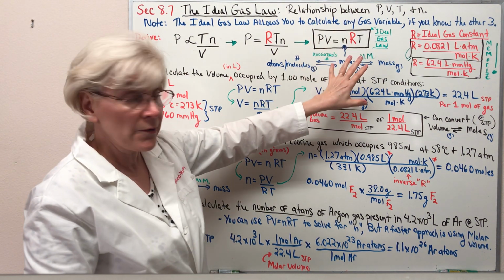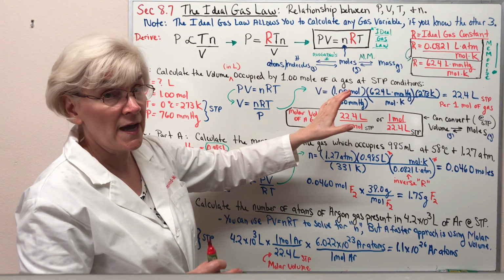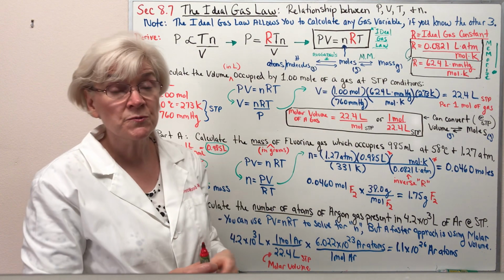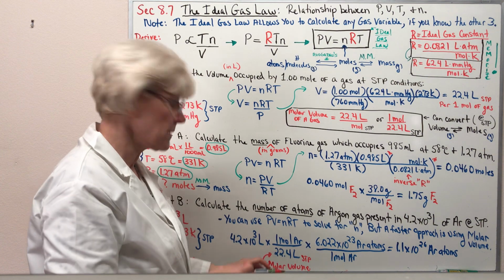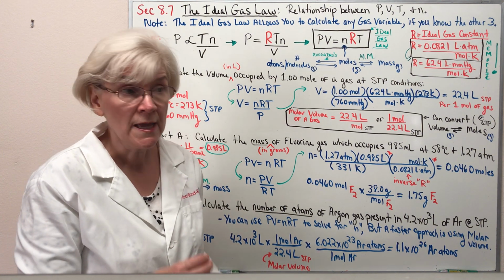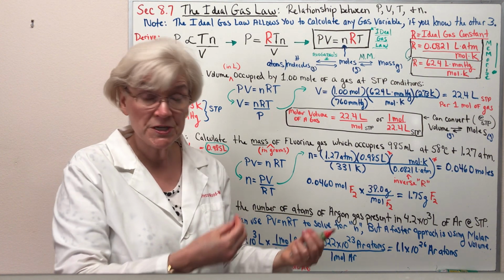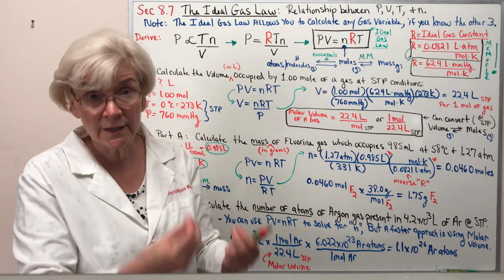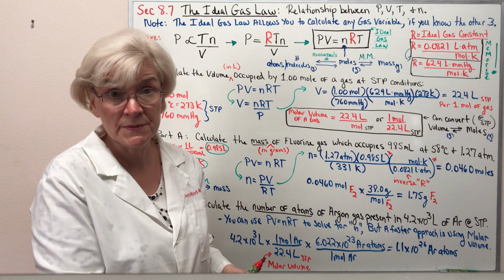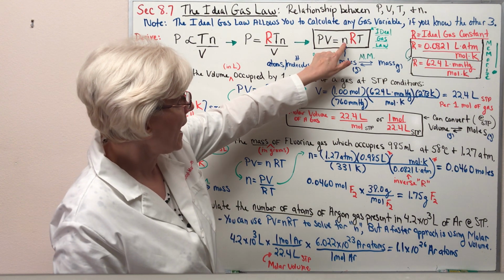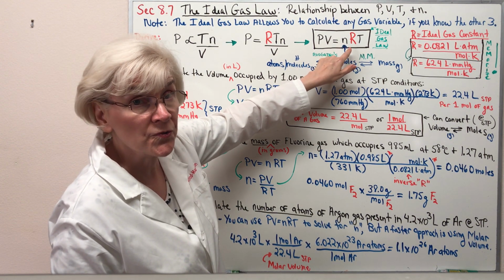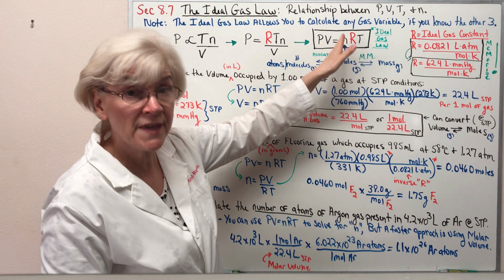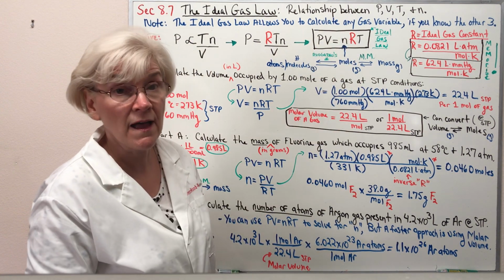Now, before we go and do calculations with the ideal gas law, let me just remind you that chemistry builds upon itself, meaning that ideas that we've learned in previous chapters have a direct correlation or link to new concepts. So we know that N stands for moles, specifically moles of gas in the ideal gas law.